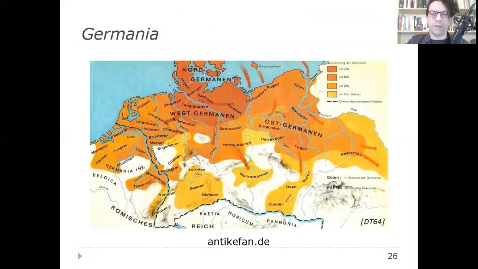Okay. If you look into a historical atlas, you find things like this. So this is when people think the speakers of Germanic who lived around southern Scandinavia, so we can say roughly around what is today Denmark, originally, started spreading over the European continent a bit further.